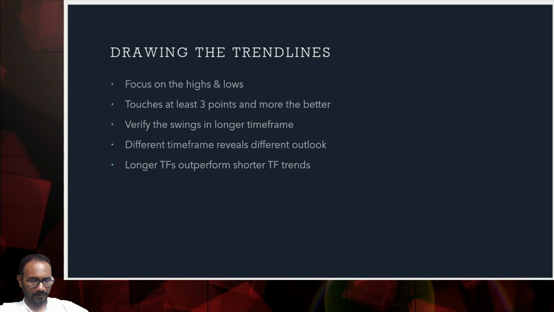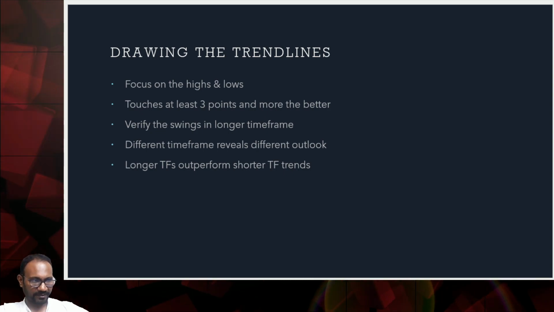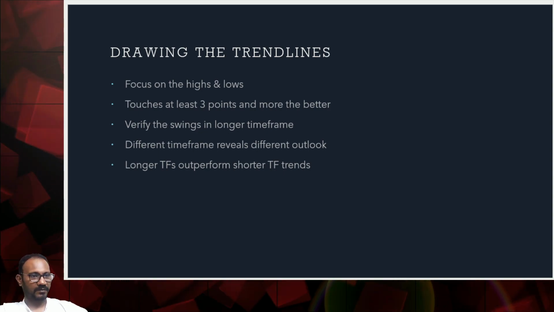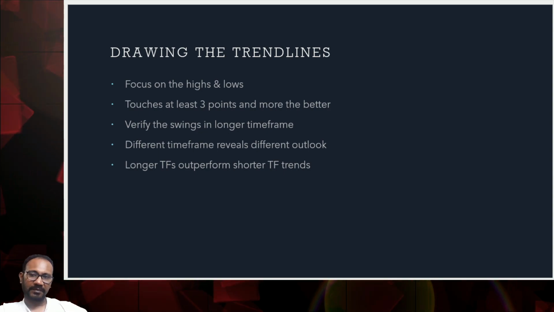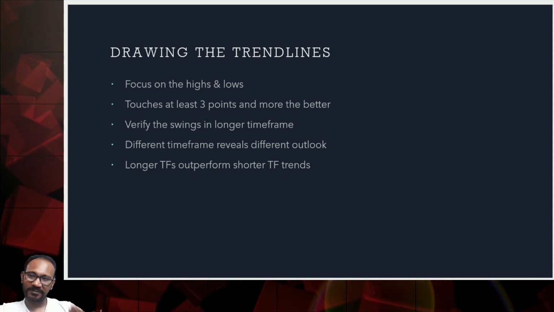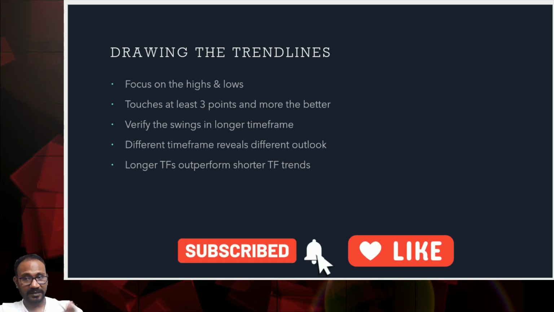And then you should also be cognizant of the fact that different time frames reveal different outlooks. Maybe in a longer time frame it could be range bound, in a shorter time frame it could be bearish, in a different time frame something in between.